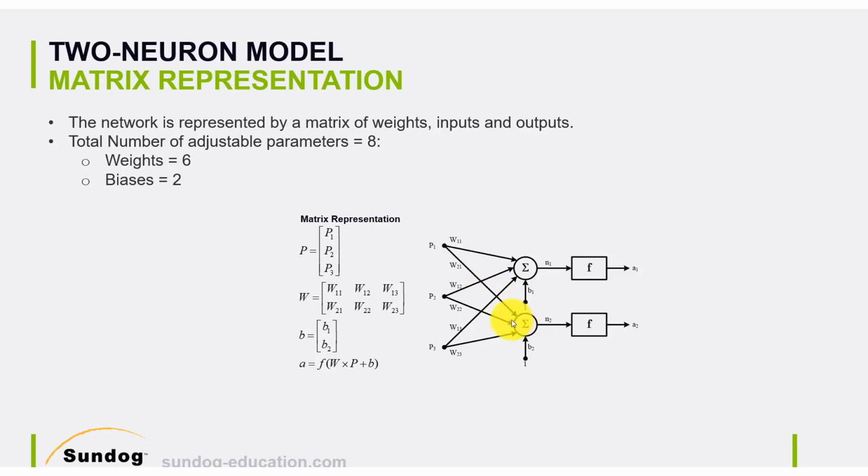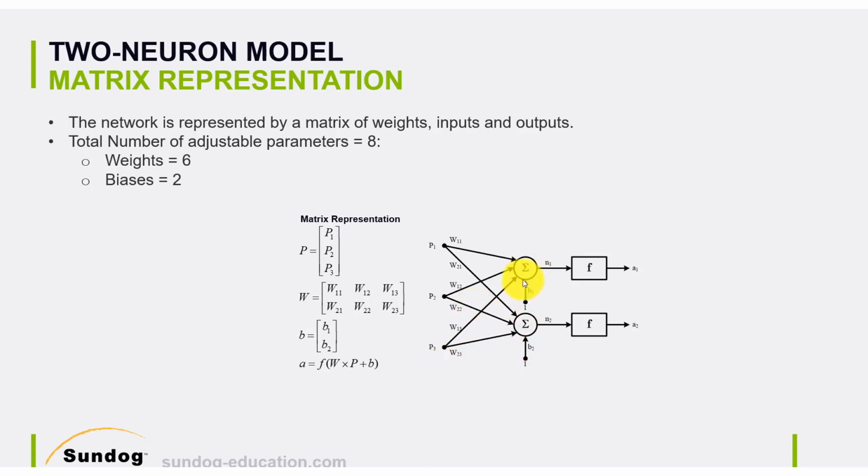Next is P2, which we read in a reversed fashion. P2 goes to the first neuron, and we have 2 going to 2. Then input 3 goes to 1, which is weight 1,3, and then we have weight 2,3.